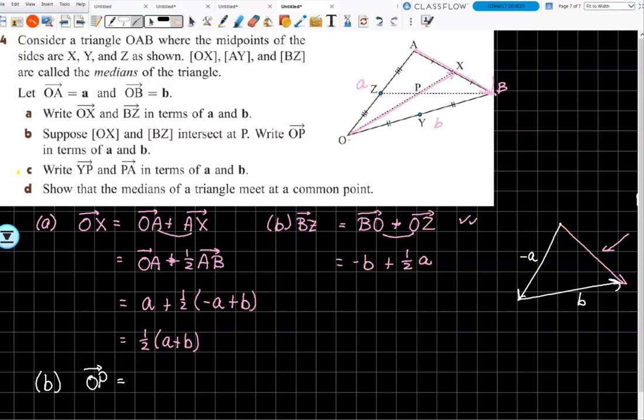We can find OP in a whole lot of different ways, right? We can say that it is a fraction of OX, yes? But we could also find it as OZ plus ZP, which is a fraction of BZ.